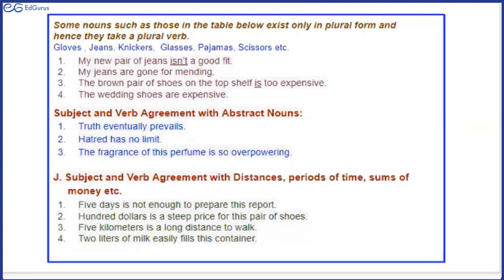Right? Now I tell you, for example, a string of pearls, a string of beads. Now, what do you think should be used? Singular verb or plural verb? Ma'am, singular. Why? Very good. Singular. Why? Because it is a string. We are not referring to the beads or pearls, we are referring to the string. But the same, I said the beads.